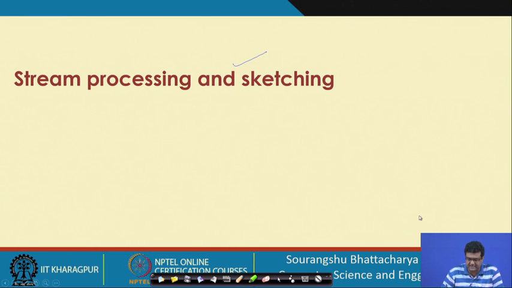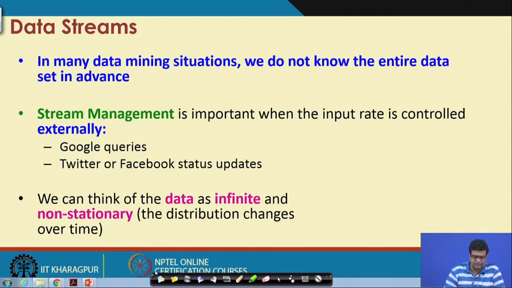So, stream processing and sketching. What is stream processing, or rather what are data streams? In many data mining situations, we do not know the entire data in advance. An example can be Google's queries. Google gets to know the queries as people type them from all over the world.